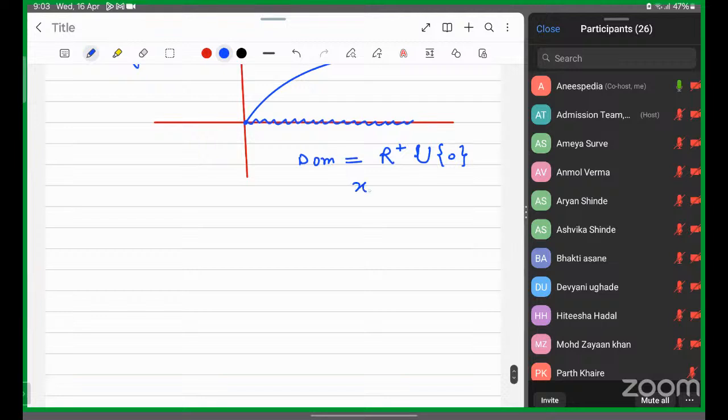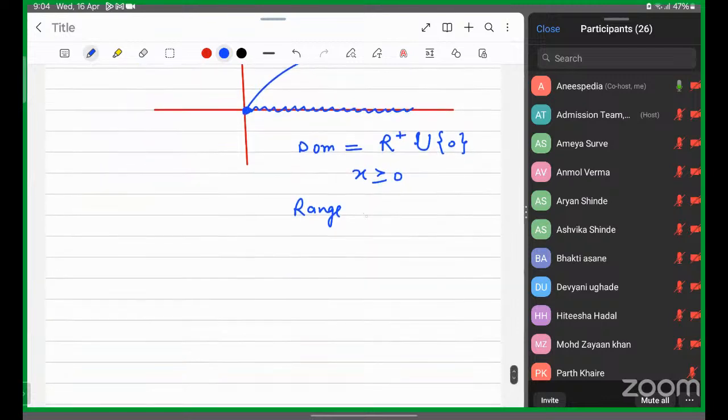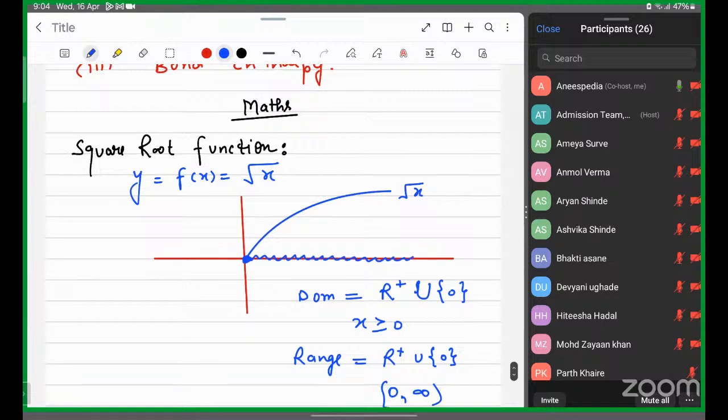So x will be greater than equals to 0. And if you look for the range, it starts from 0 and it will go to infinity as you increase the input. So its range will be again R plus including 0, which can also be given as 0 to infinity. This is known as square root function.